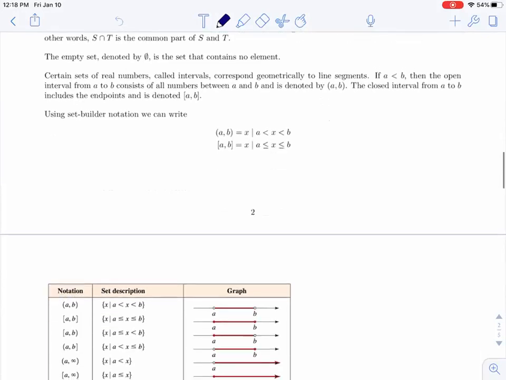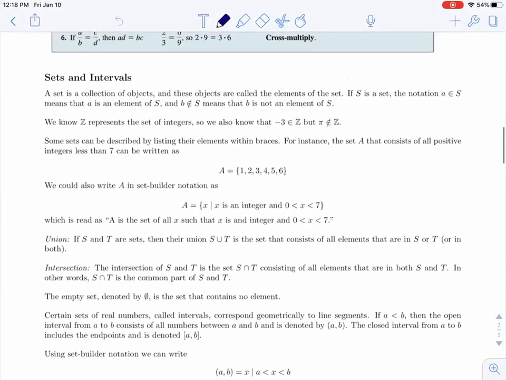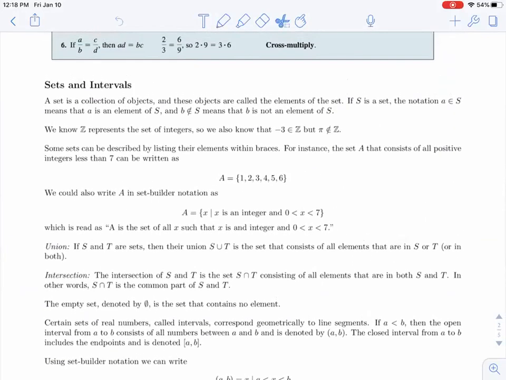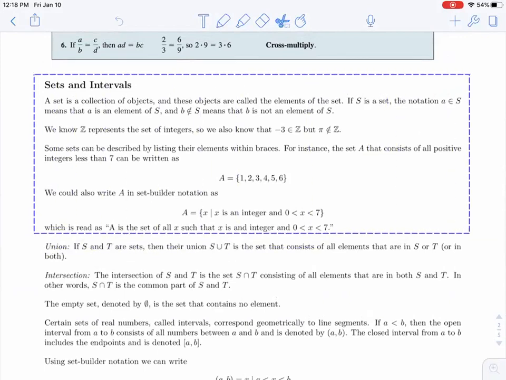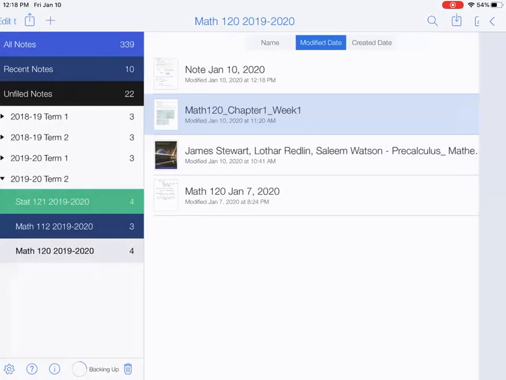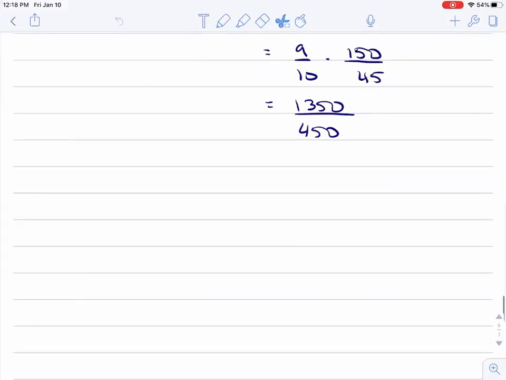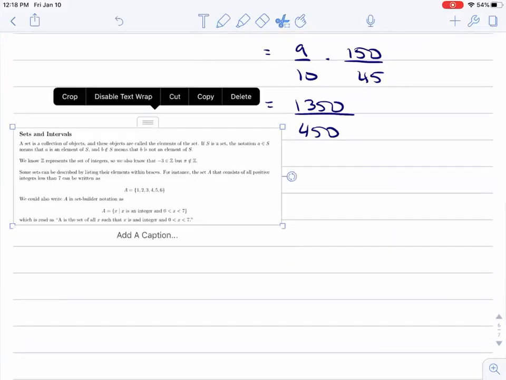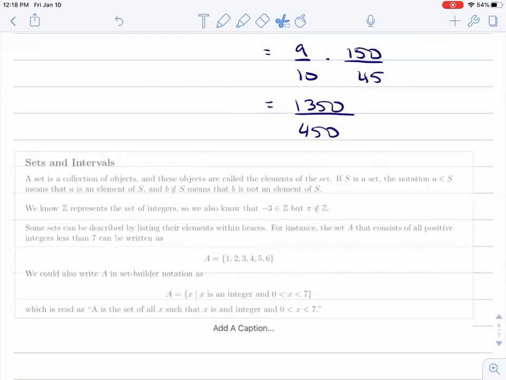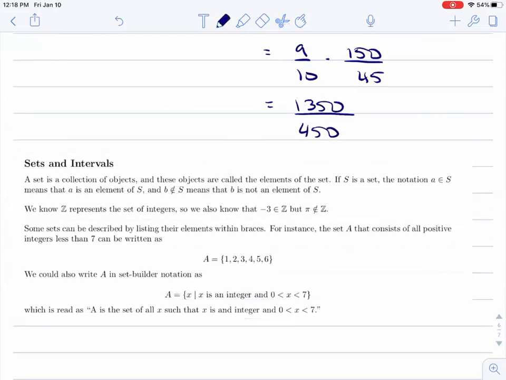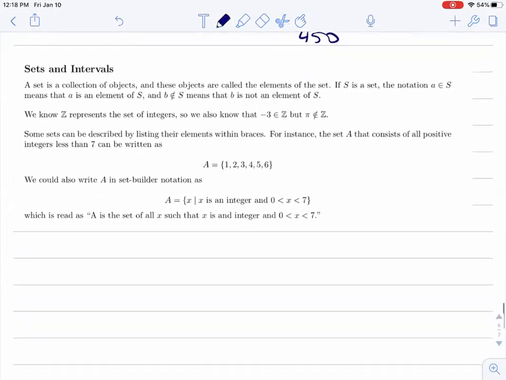So, I'm just going to do these in chunks. A set is a set of elements, typically numbers.